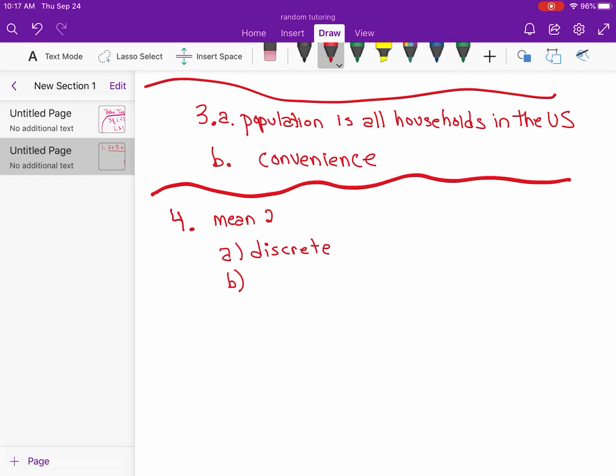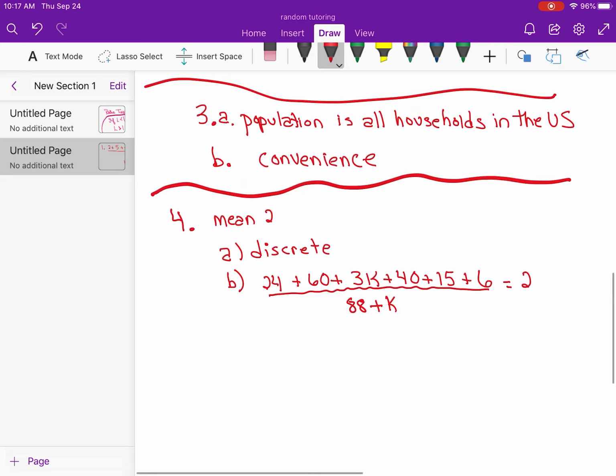All right, find the value of K. In order to find the value of K, you just had to take your data and divide by the total, which would be 88 plus K, equals 2. And yes, again, that's the frequency.